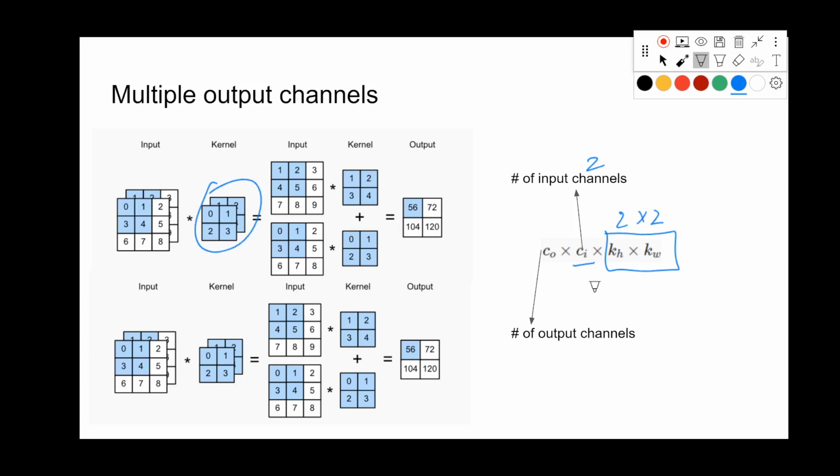Then we multiply it by the number of output channels we need, which is 2 as well. So for this example, we have 16 parameters. We can just count here: 4 and 8 here, and 2 times 8 is 16. We have a total of 16 parameters for the neural network layer with 2 input channels and 2 output channels.